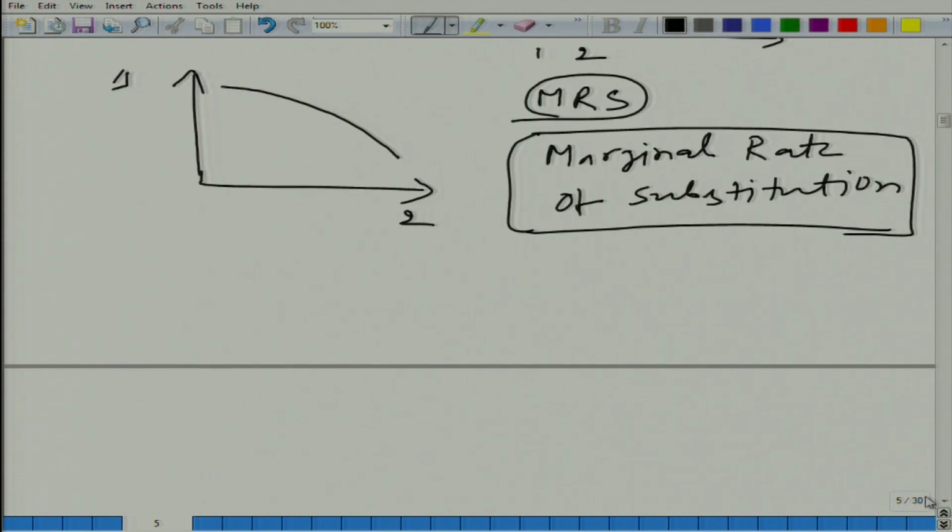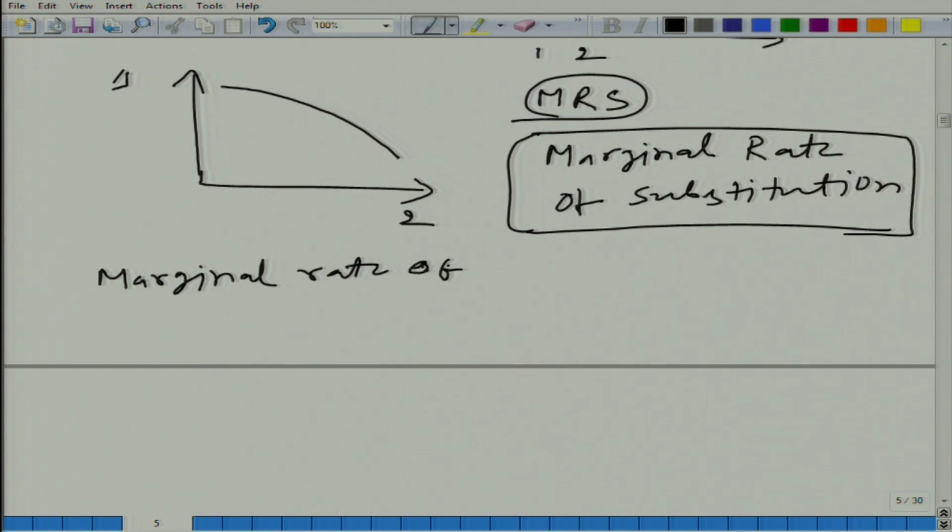So, what is marginal rate of substitution? What do we mean by marginal rate of substitution? Again, what you are talking about is important. So, let me say again, just saying marginal rate of substitution is not good enough.